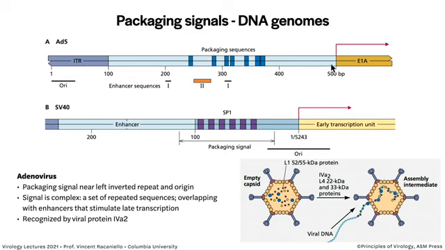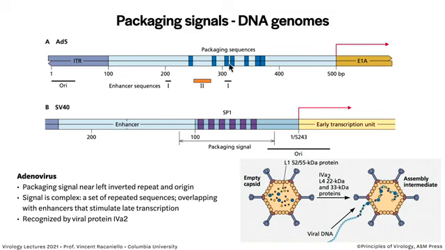Here on the right is the early region, immediate early promoter for the E1A, essential E1A protein. Here's some enhancers for the E1A promoter. The promoter, of course, shown by the red arrow. So again, the origin, the early transcription unit, packaging sequences, they're all mixed up together, very close. You see, this is 500 base pairs from the left to the right.